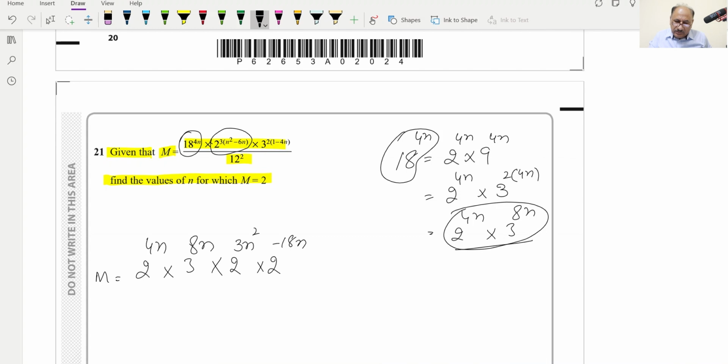And similarly, this one, 3 raised to the power 2, I will multiply inside, so 3 raised to the power 2 into 3 raised to the power minus 8.